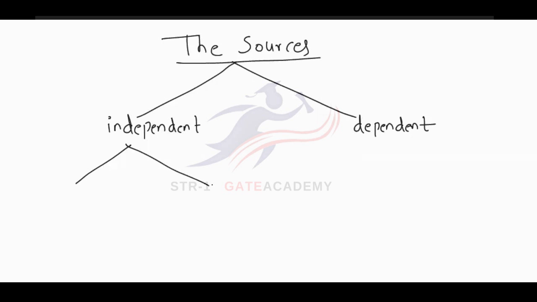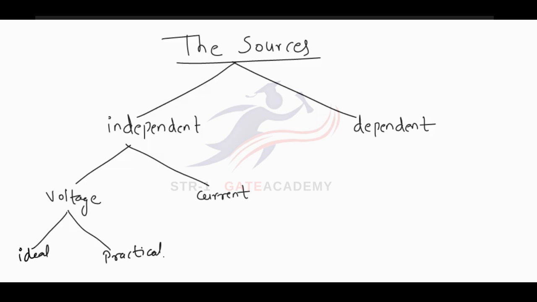Independent sources are further classified into voltage sources and current sources, and these are further classified into ideal, let me consider ideal first, and practical. Similarly, current sources are also ideal, practical.